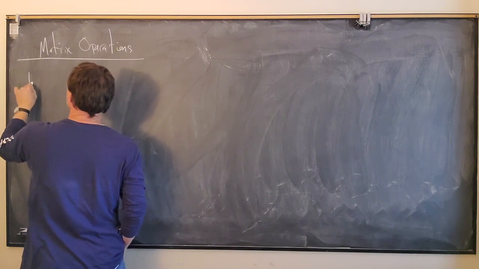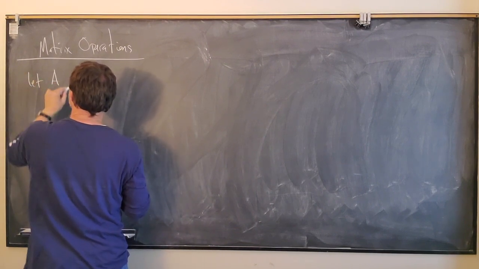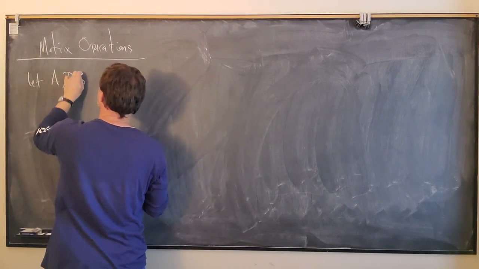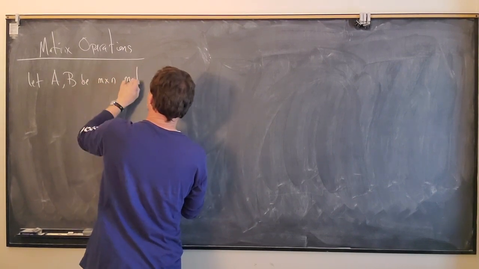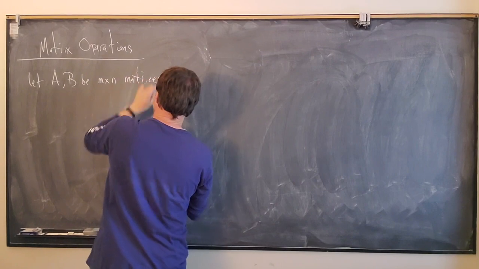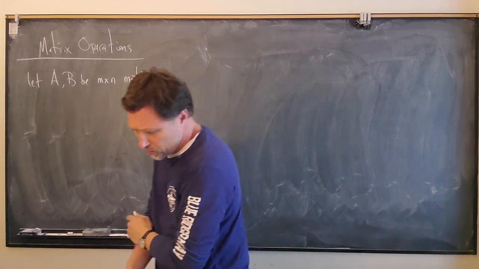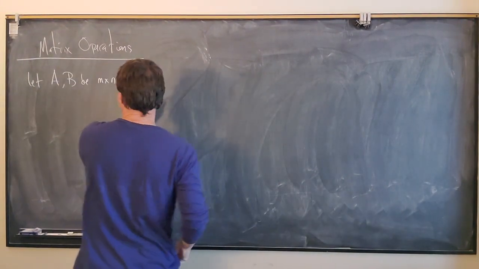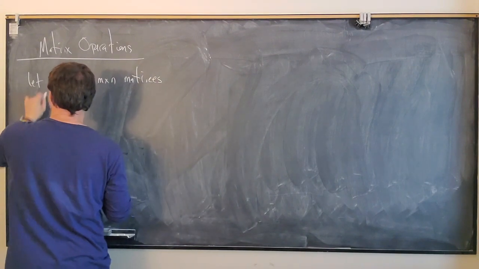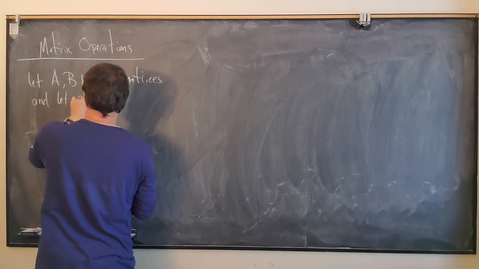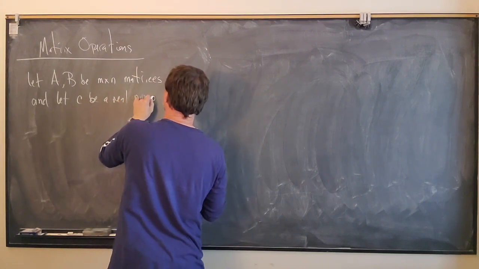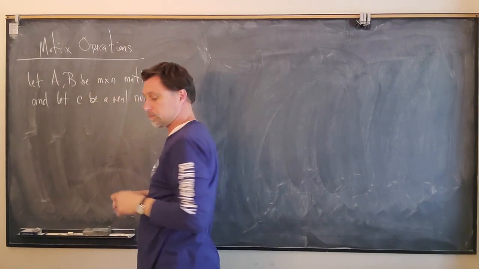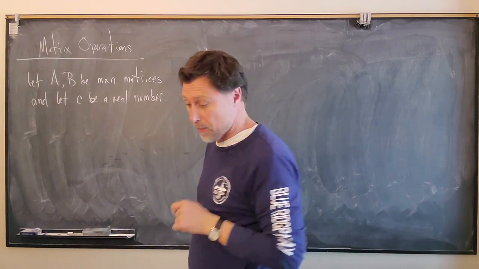So let A and B be m by n matrices, and I need a real number, so let C be a real number. I'm going to define 3 different operations.